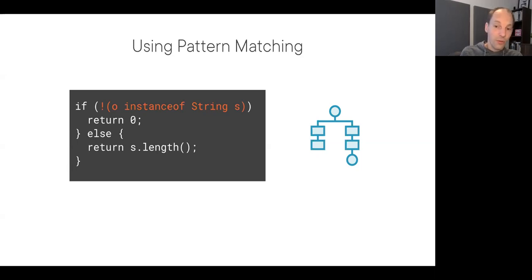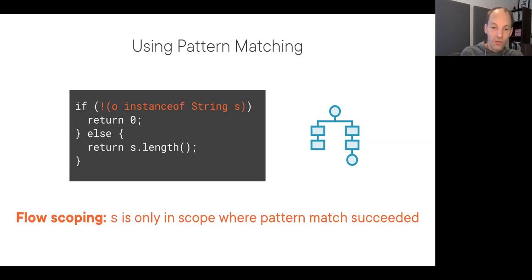But if it evaluates to false, then there will be a string s in the else branch, but not in the original branch of the if. So this is called flow typing or flow scoping, and is a really advanced feature of the Java compiler that nicely restricts the scope of these variables to just what you would expect.